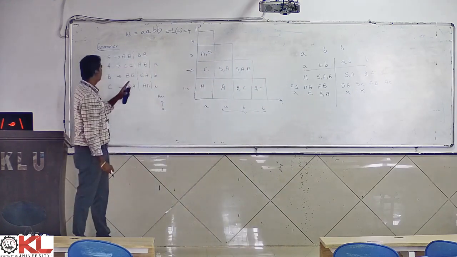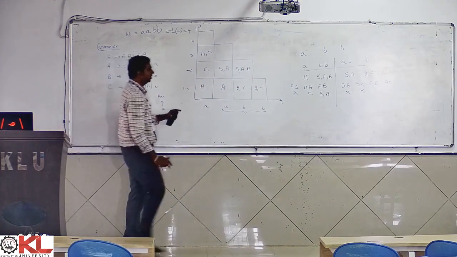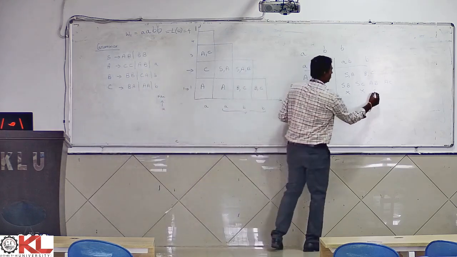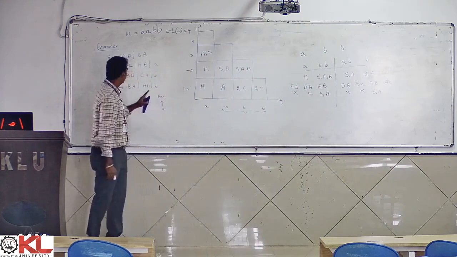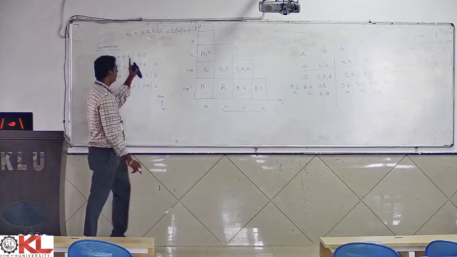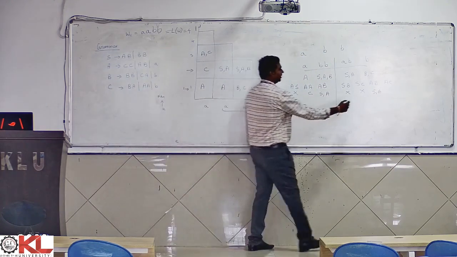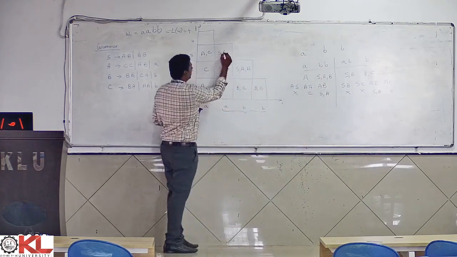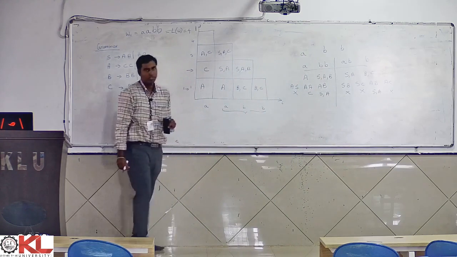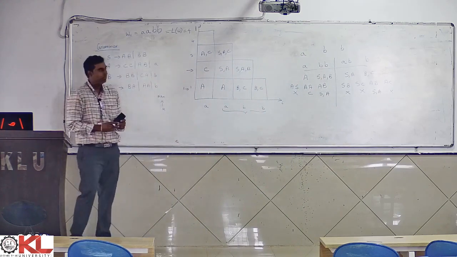Yes, S tends to AB, A tends to AB, so again S comma A. Then I am checking the condition AC. AC is not possible, so again it is discarded. So if you check here, it comes S comma A comma C. So this is the one.